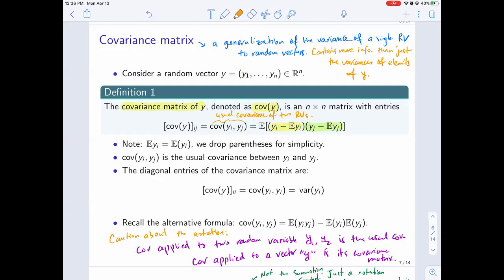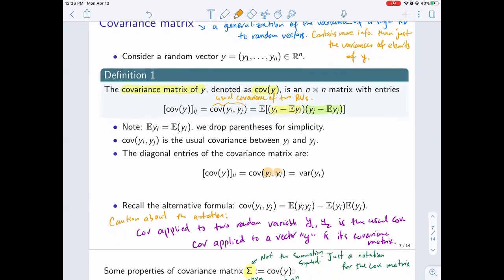The ijth element of the covariance of y, this matrix, is the covariance of yi and yj. We discussed that the diagonal elements are just the variances, since the covariance of a variable with itself is just the variance.